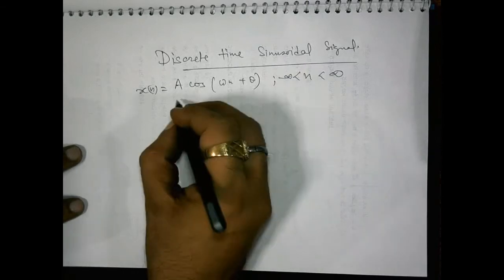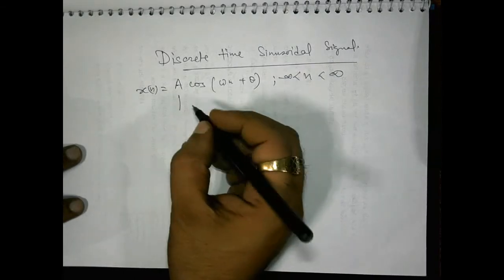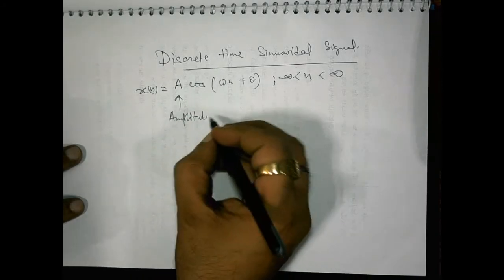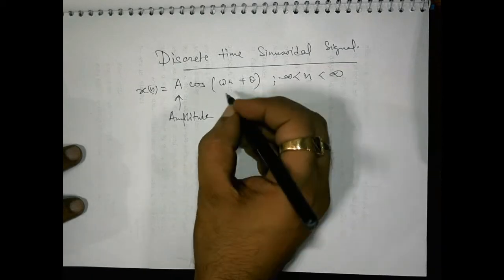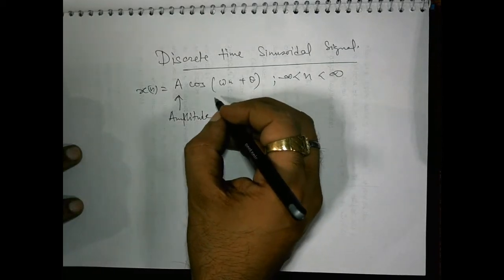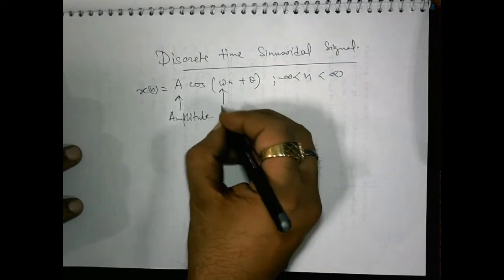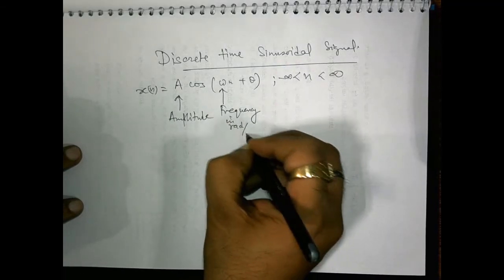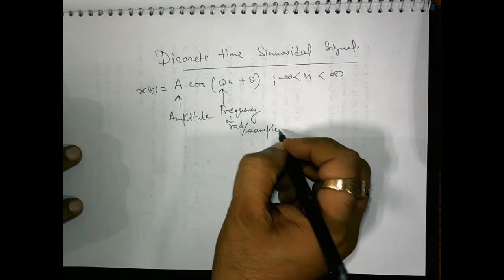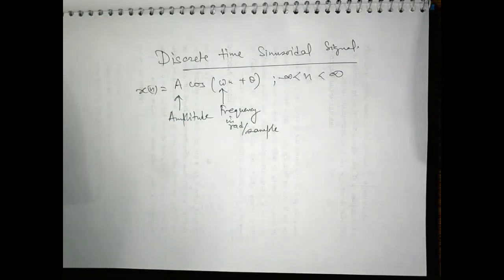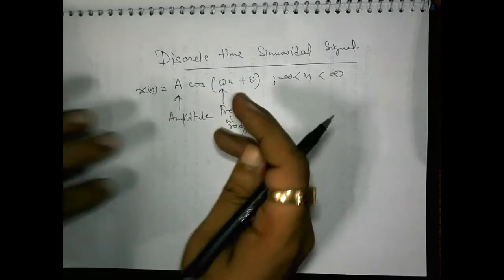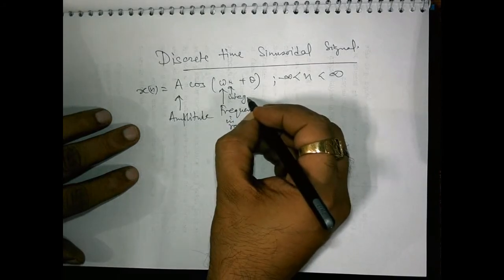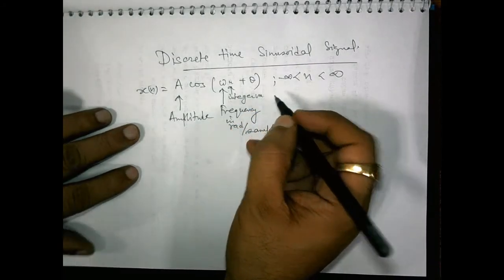Here A is the amplitude of the sinusoid. Omega is the frequency in radians per sample. And n, as you are looking, is an integer variable, which is representative of time as it was in analog signals.